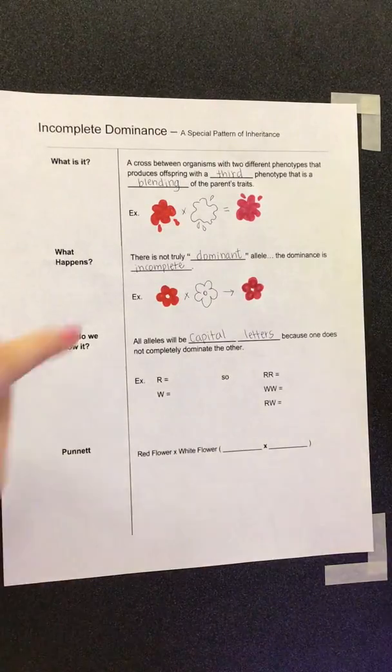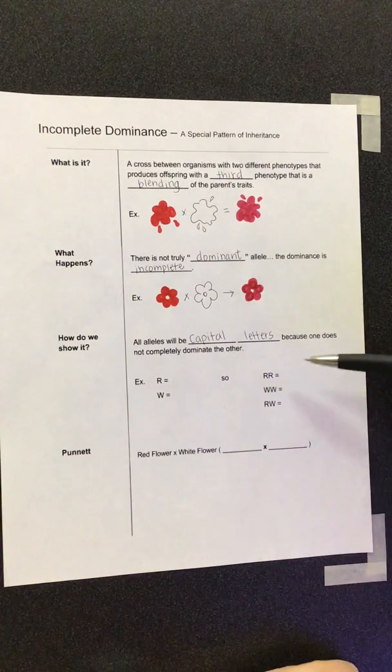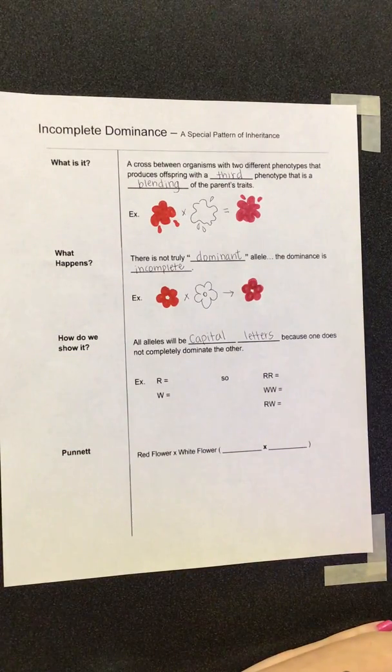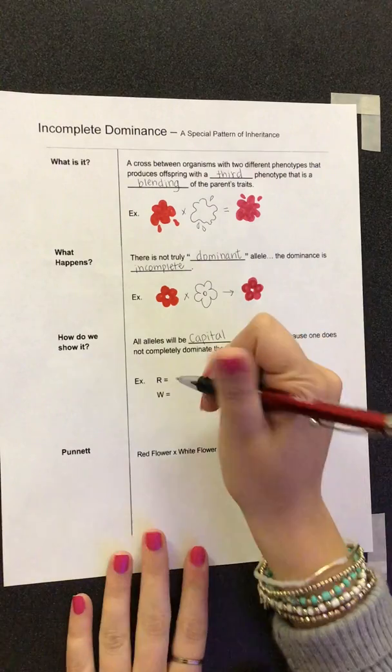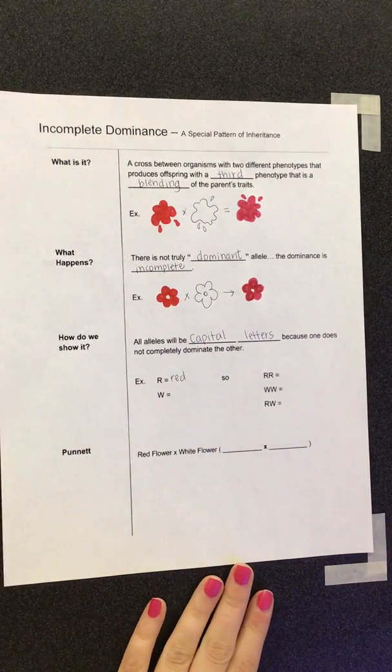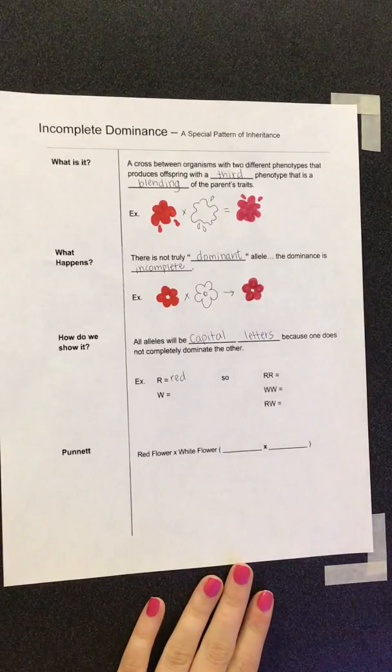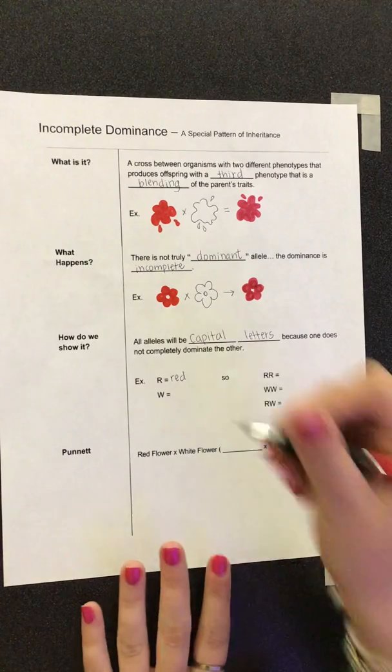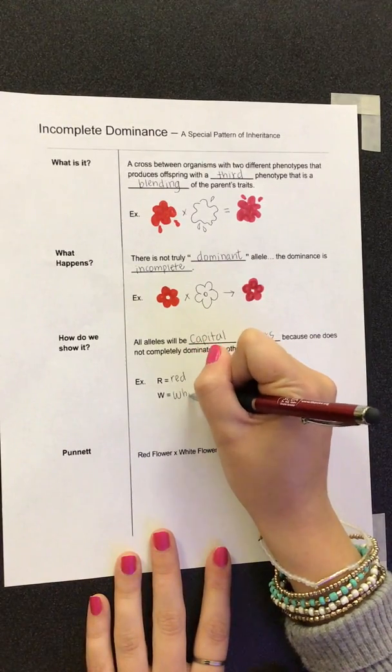So if we take our flower traits and apply them to our letters and our genotypes, then R is going to stand for the red trait, or the red allele. W is going to stand for the white allele.